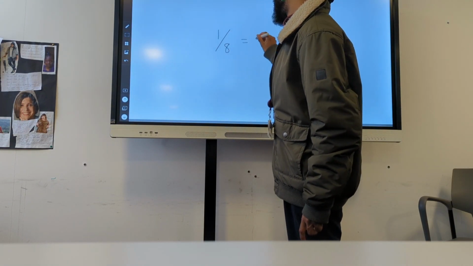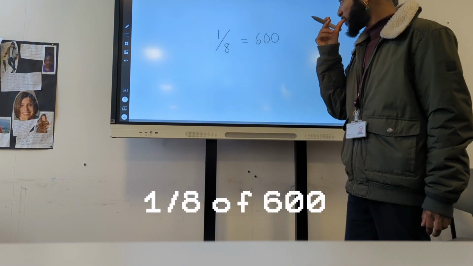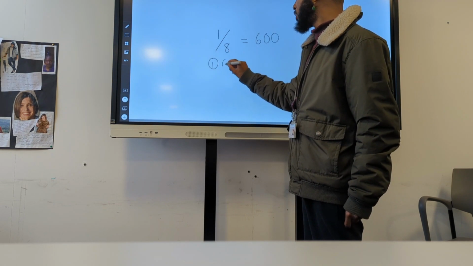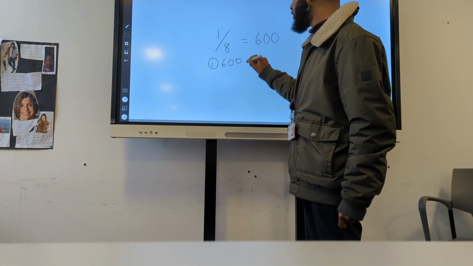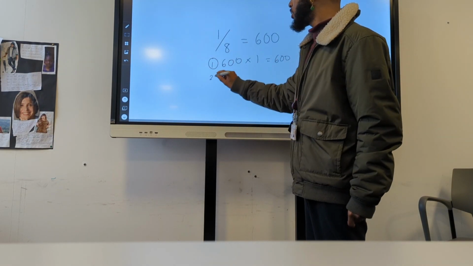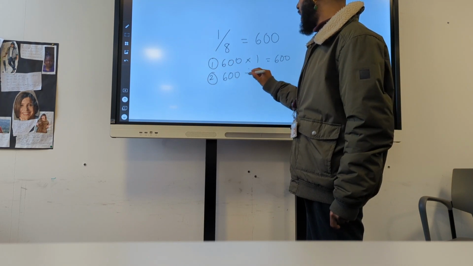1/8 of 600. Okay, so number 1, 600 times the numerator, which is 1, equals 600. Number 2, we take that same 600 and divide it by 8.